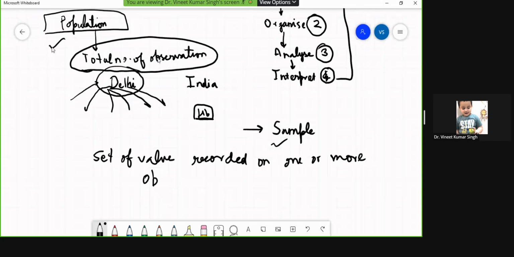Primary data is the original data set, which you obtained by direct personal interviews or by questionnaire method or by doing some research or experimental data.